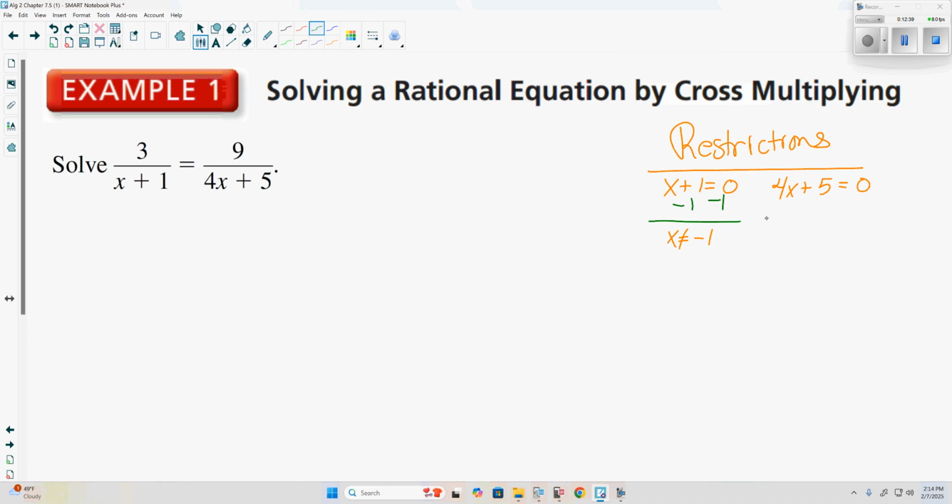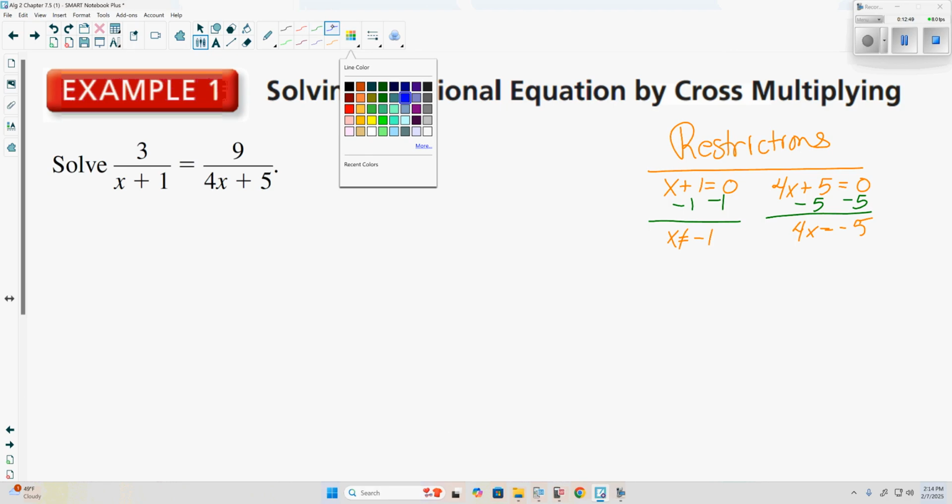For our 4x plus 5, the first thing we can do is subtract 5 from both sides, telling us 4x is equal to negative 5. Then we can divide by 4, telling us that if x is equal to negative 5/4, we'd have a division by 0, and that would not work either.